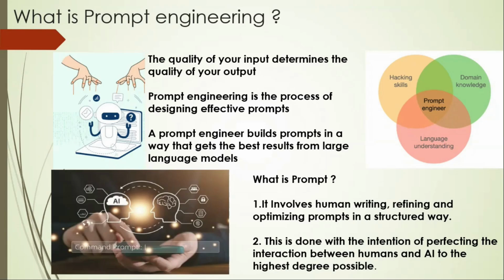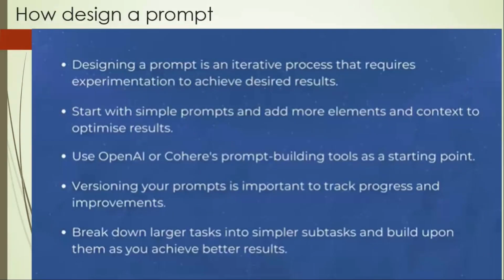This is done with the intention of perfecting the interaction between humans and AI to the highest degree possible. So if we do good prompting, we'll get efficient results. If we get efficient results, our time will be less and we'll get the result easily.